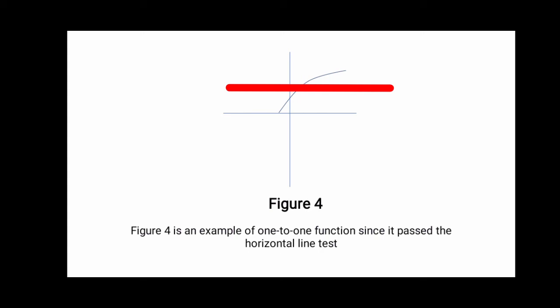After putting the horizontal line, we can say now that figure 4 is an example of a one-to-one function since it passed the horizontal line test. Why? Because if we put a horizontal line anywhere in the graph, it will only touch the graph once.